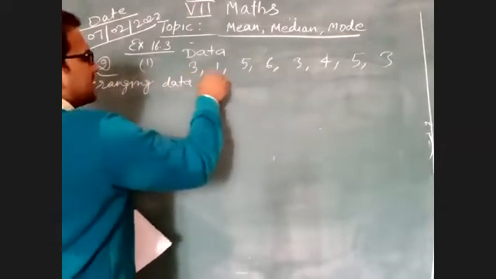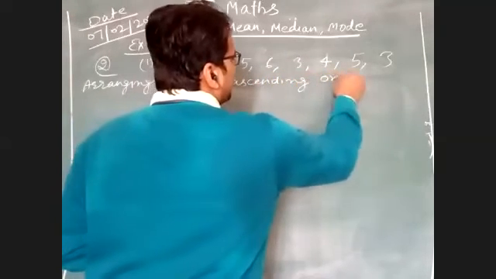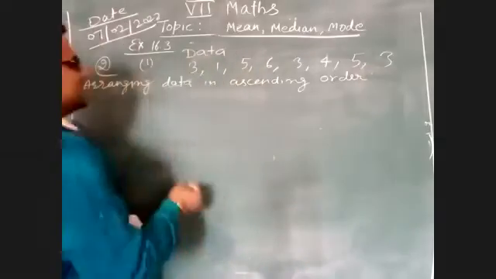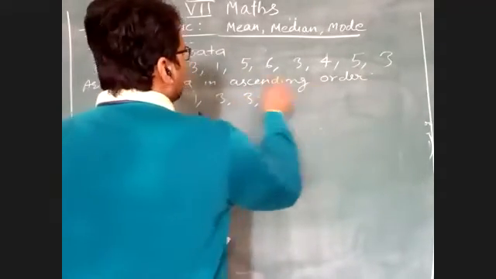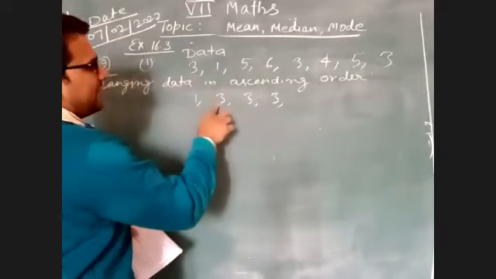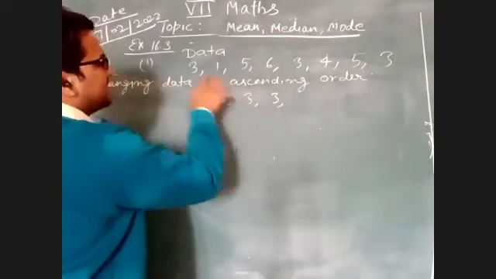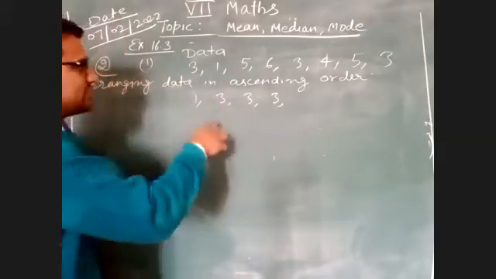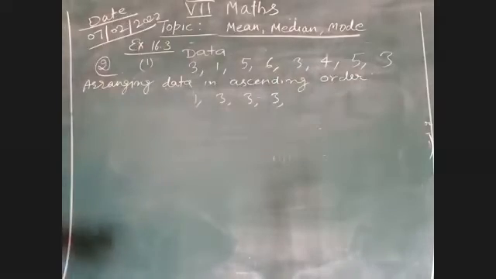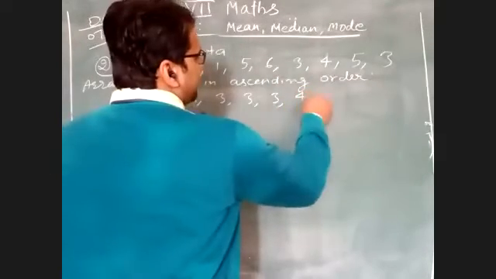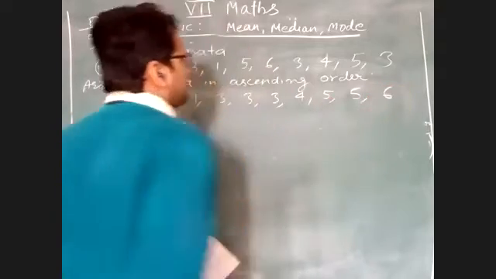By arranging, the first part will be 1, 3, 3, 3. Because 3 is repeating 3 times, we write them together in the same position. Now this is 4 and 5. 5 is repeating 2 times, and then 6.